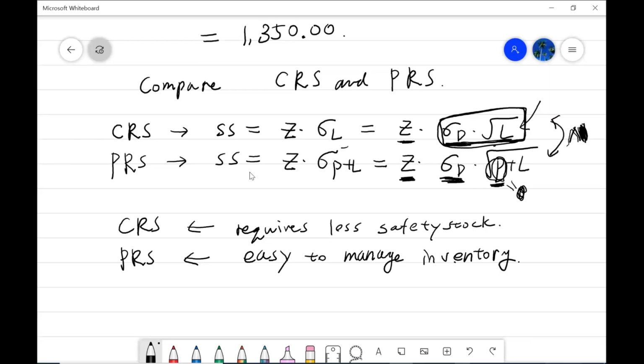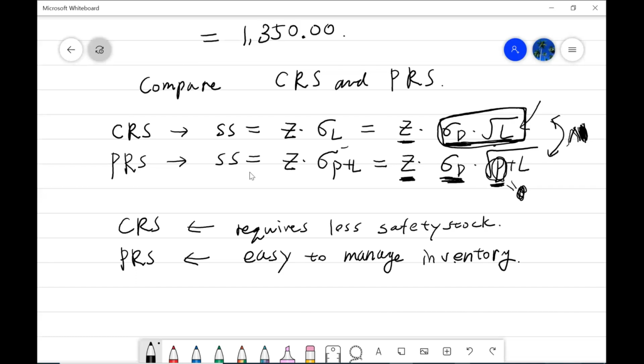In fact, the only reason why the continuous review system comes out cheaper than the periodic review system is because we don't consider any cost to watch and place orders continuously under the continuous review system.